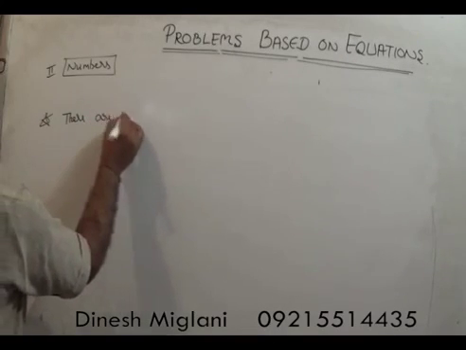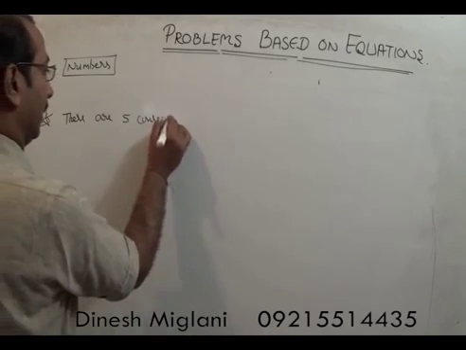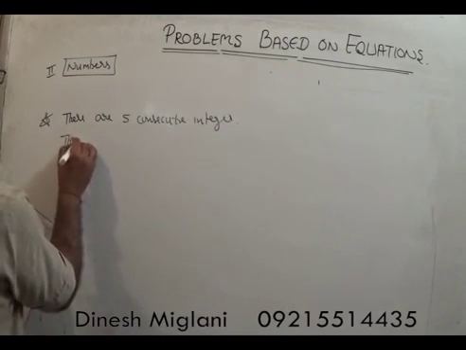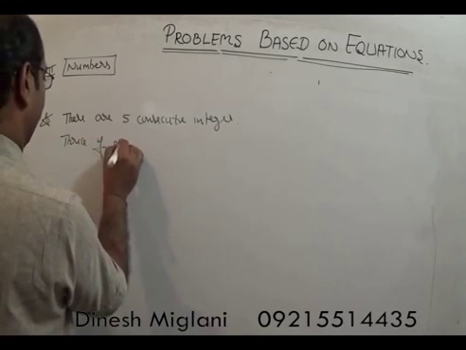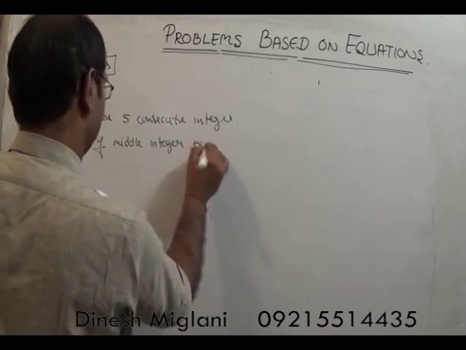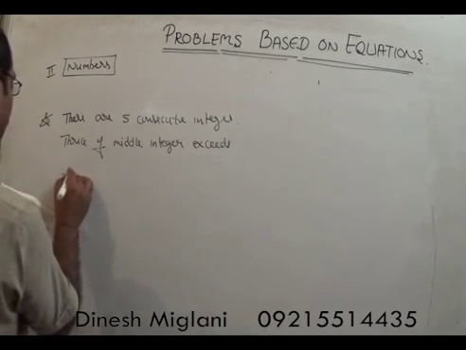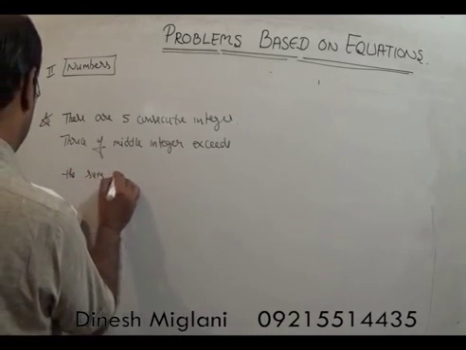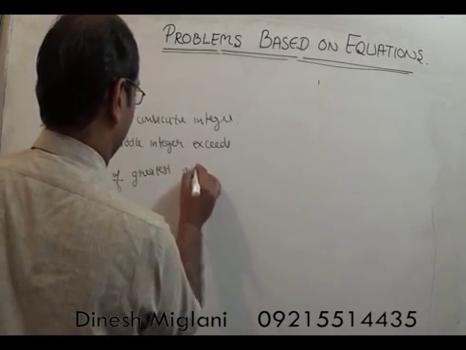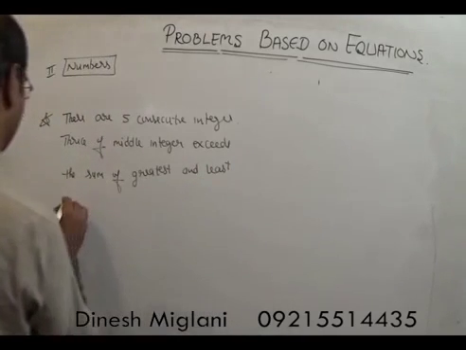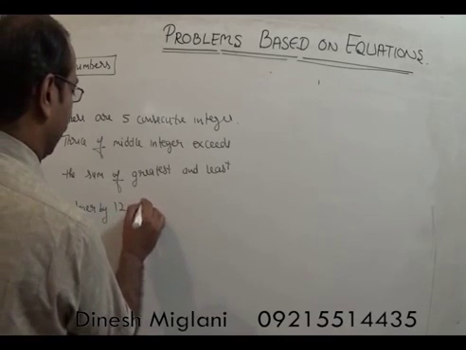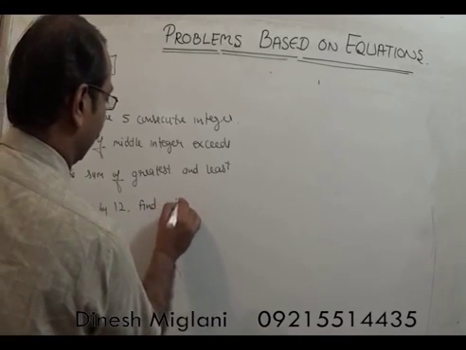Thrice the middle integer exceeds the sum of the greatest and the least integer by 12. So we have to find the middle integer.